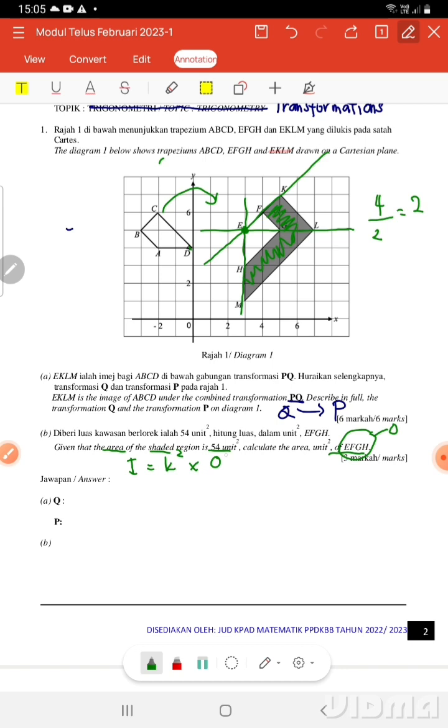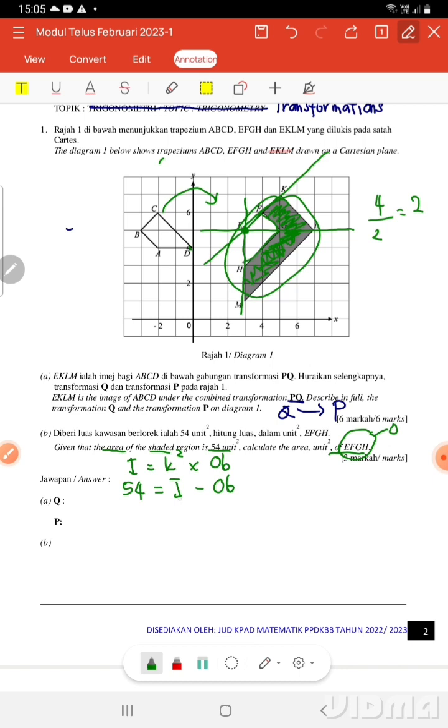So let's put B here. The shaded region given here is 54, right? So 54 is equal to area of image minus area of object. Can you see the relation? Because to get the shaded region, it must be the whole thing minus the unshaded.